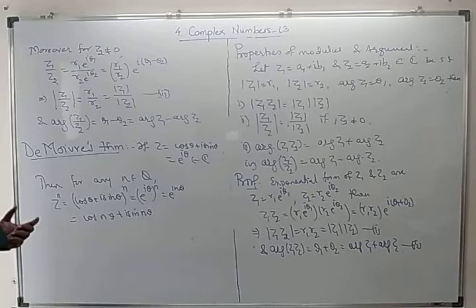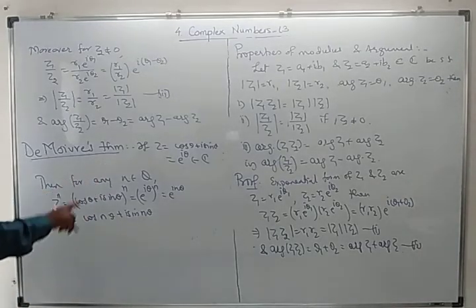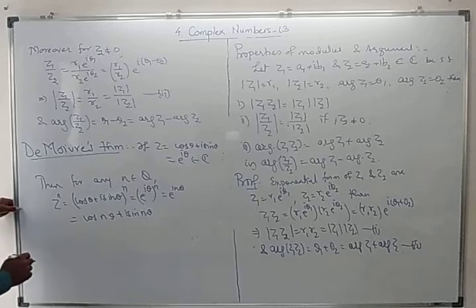E raised to I theta is cos theta plus I sin theta, so e raised to I n theta is cos n theta plus I sin n theta.